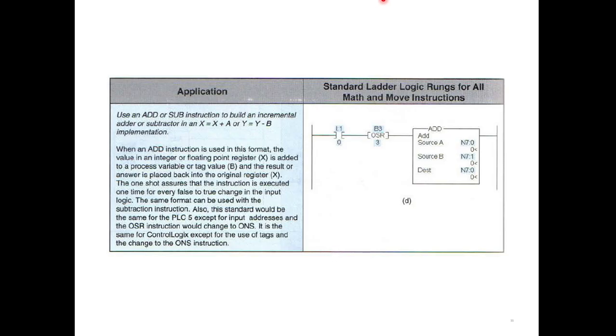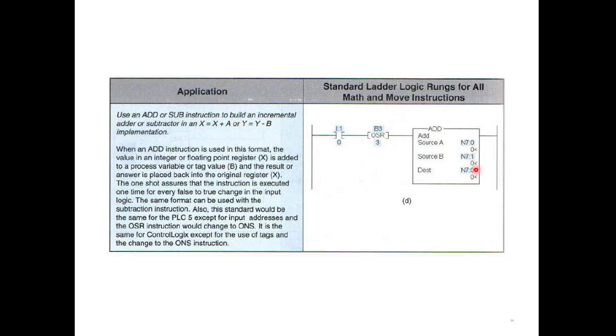Okay. Now, this one is an interesting addition which you will need. This is something like a counter, but using an addition block. When you use an input sensor with an OSR, you make your destination the same as the source, and you keep on adding the value 1, and N70 is basically x equals x plus 1.